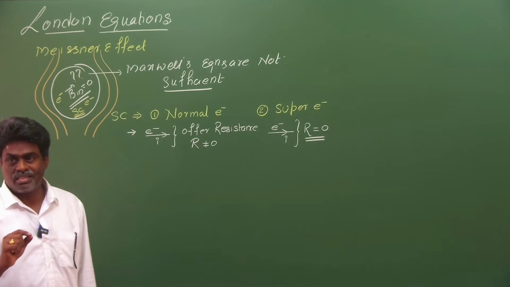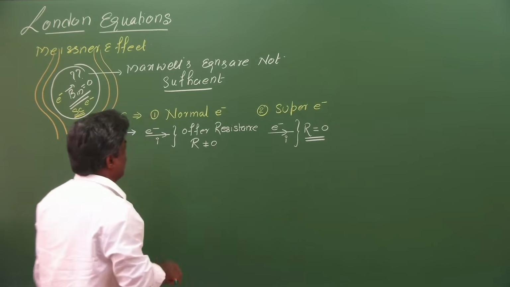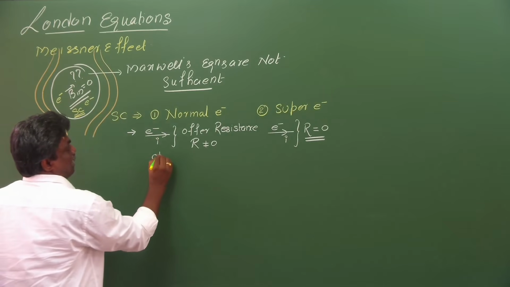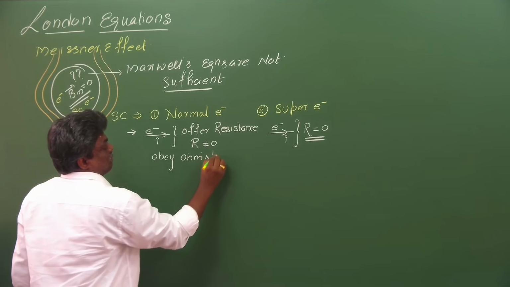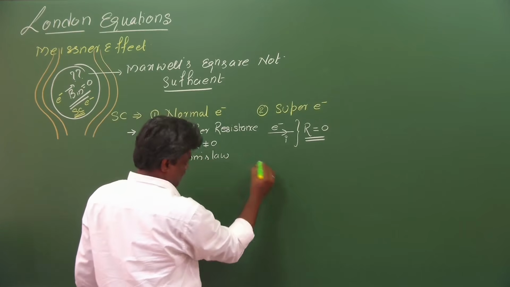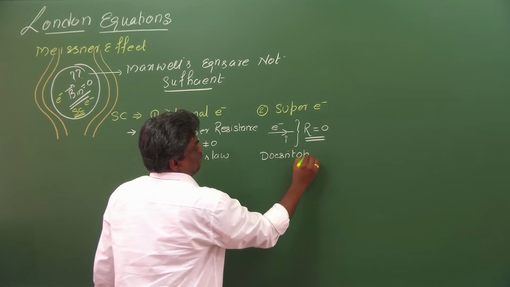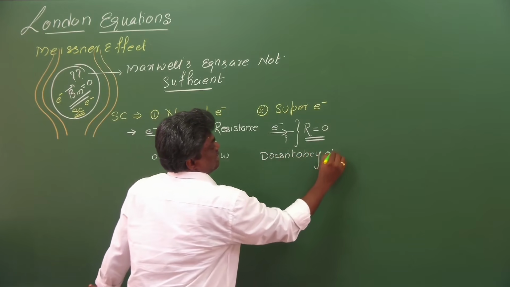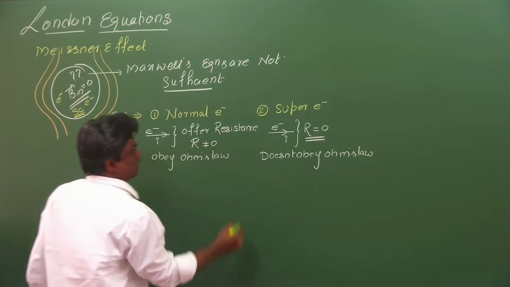The resistance in the flow of super electrons is 0. Normal electrons obey Ohm's law, but super electrons do not obey Ohm's law. This is the difference between normal and super.